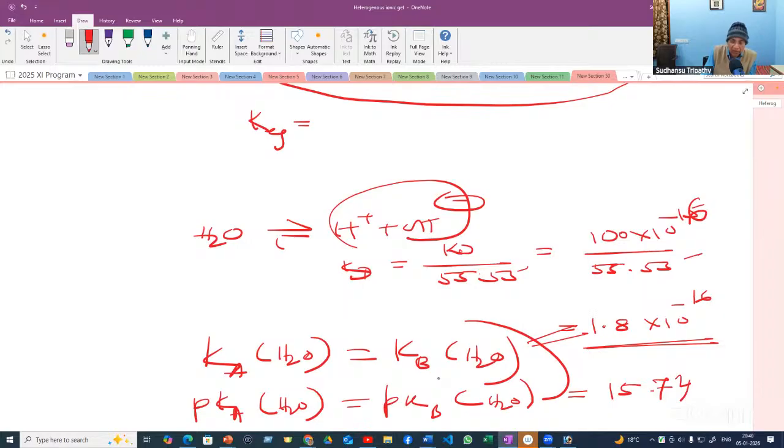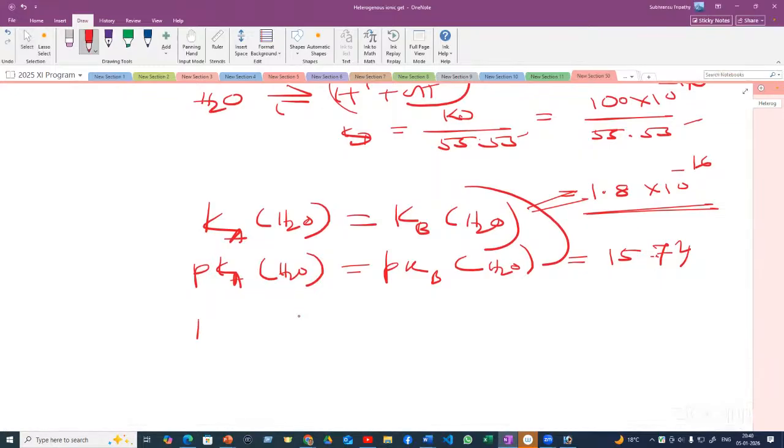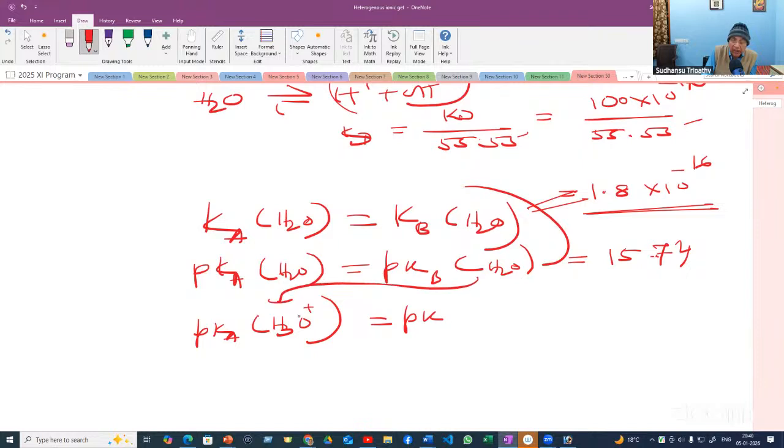Then pKa of the hydronium ion, conjugate acid of water as a base, is minus 1.74, and pKb of the hydroxide ion is also minus 1.74.